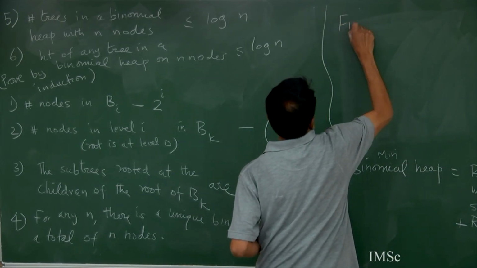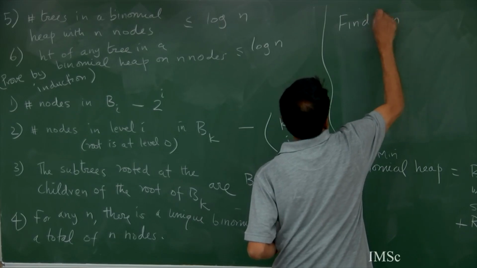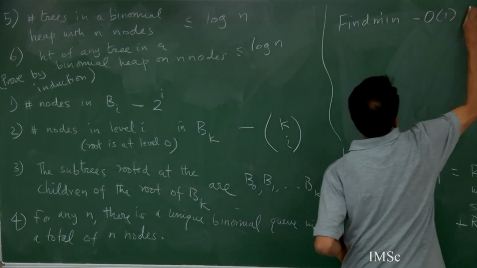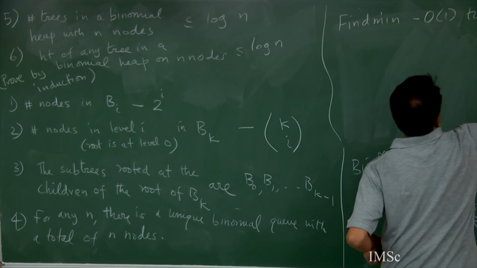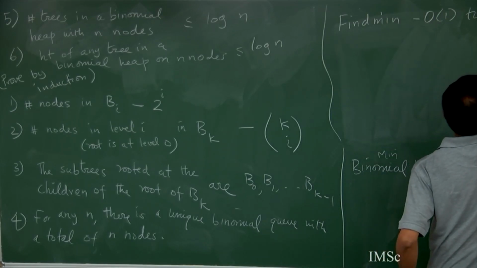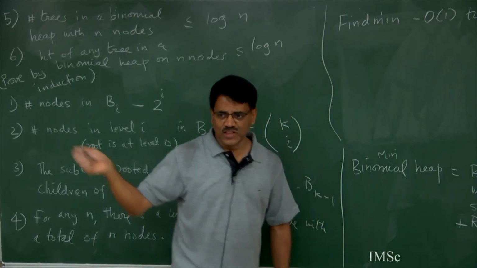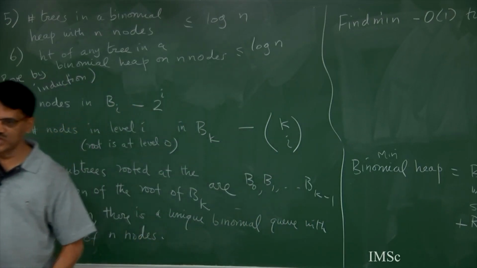So, find min: constant time because it's stored. If you didn't store the min, then you would just have to check the roots. There can be at most log n of them, so it would take log n time.